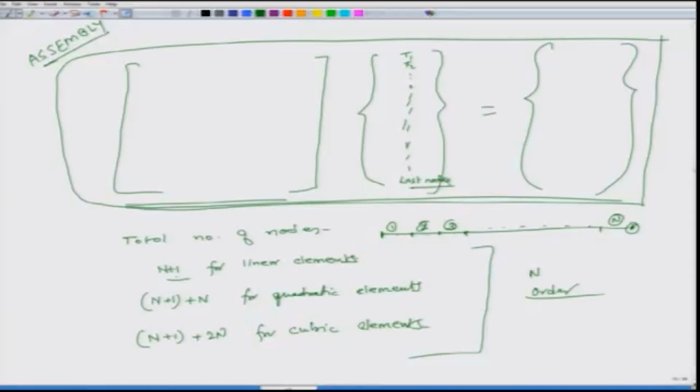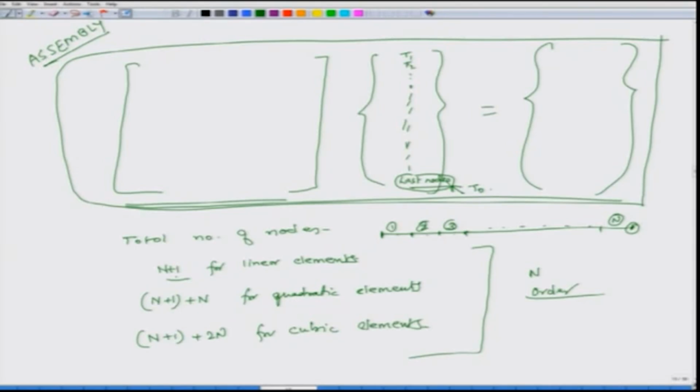So I put in this vector that it will not be unknown now, it is known, and its value is T0. I put that boundary condition here.